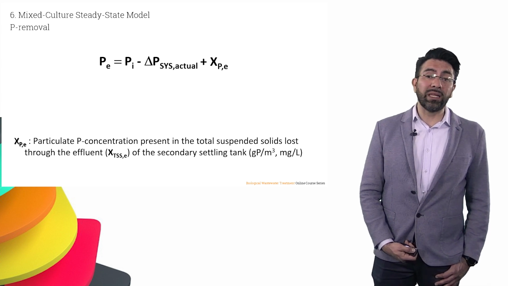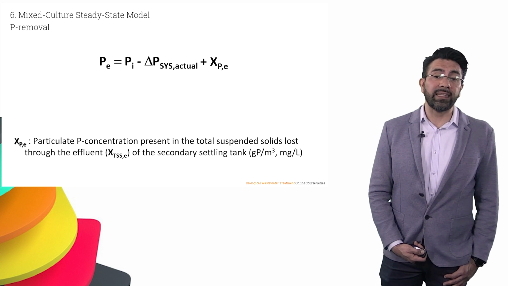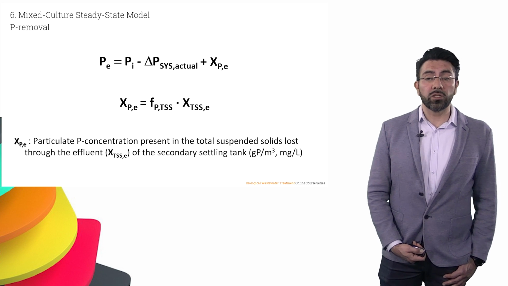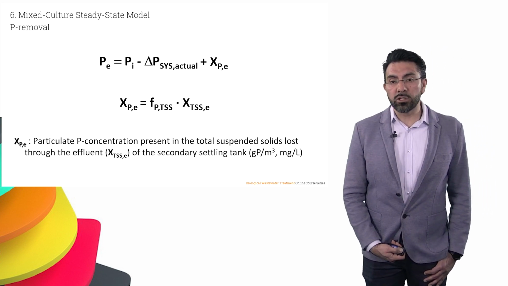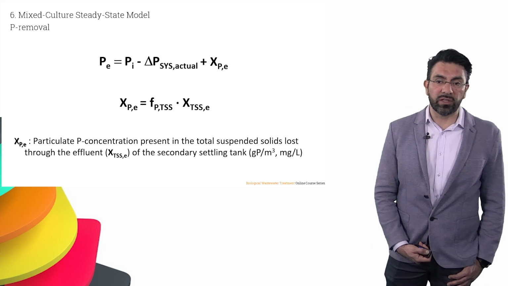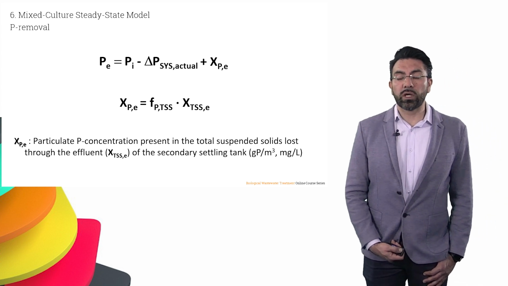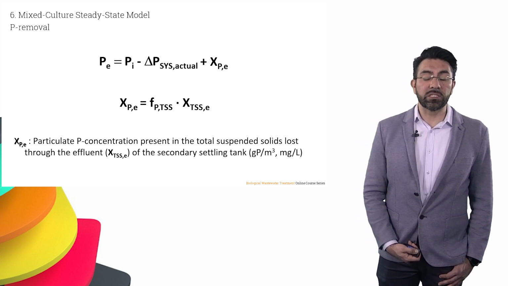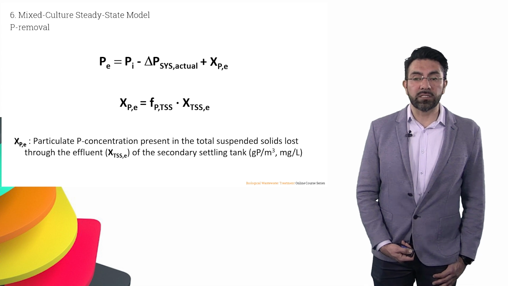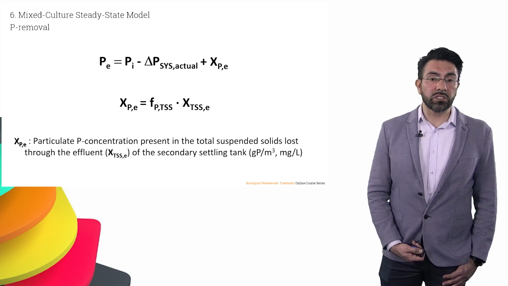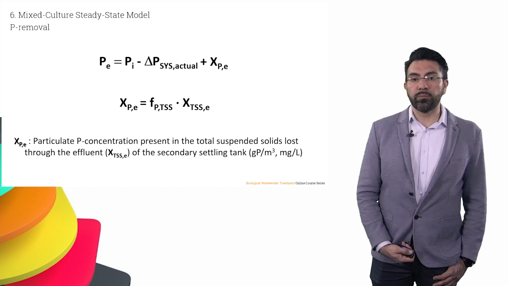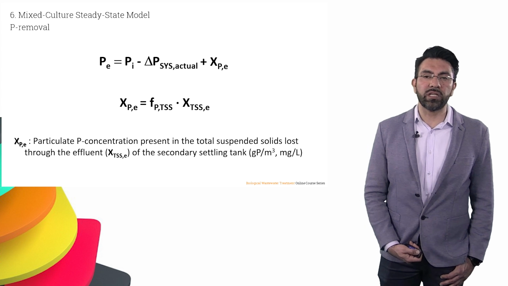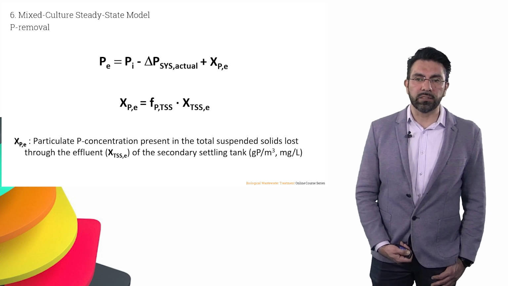That fraction can be computed from the concentration of total suspended solids expected in the effluent, typically between 10 and 30 milligrams of TSS per liter if the system is working efficiently, multiplied by the fraction of phosphorus expected in the total suspended solids. This gives us the phosphorus in the effluent solids, and then we are in the position of calculating the expected total phosphorus concentration in the effluent of the wastewater treatment plant.